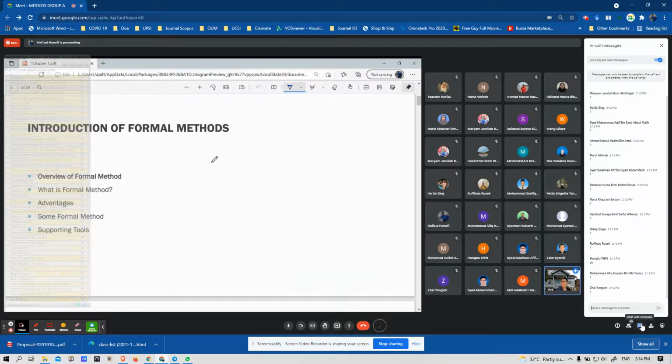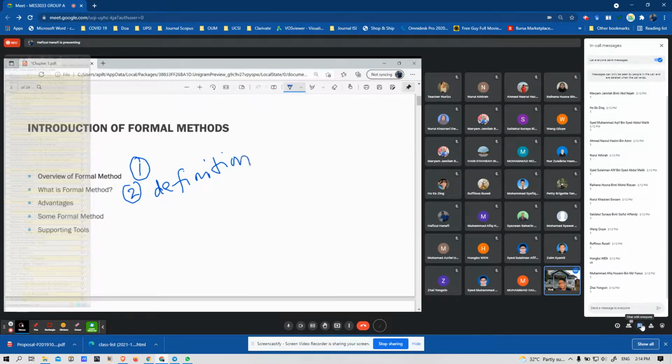Okay, for the introduction of formal methods, first we take a look at what a formal method is, the overview, how formal methods can be implemented in industry, and then secondly we look at the definition of formal method.